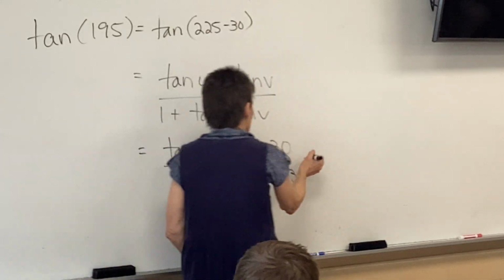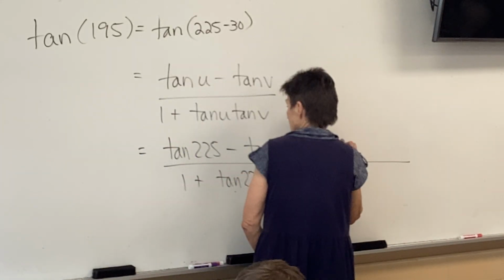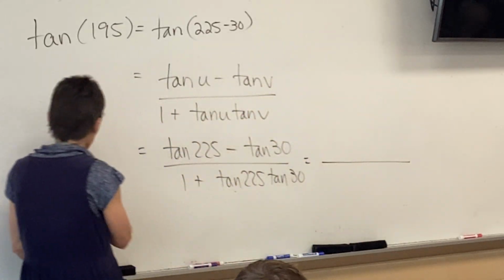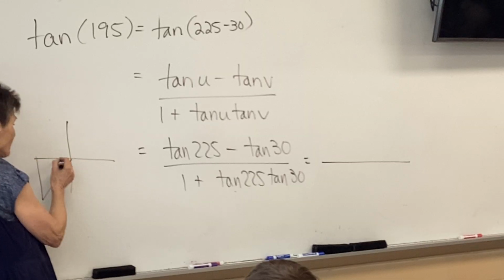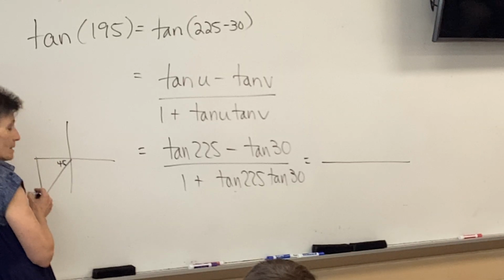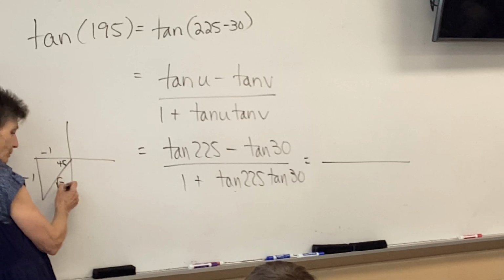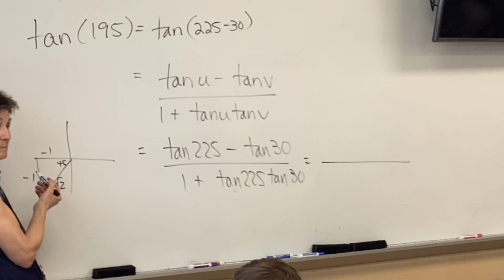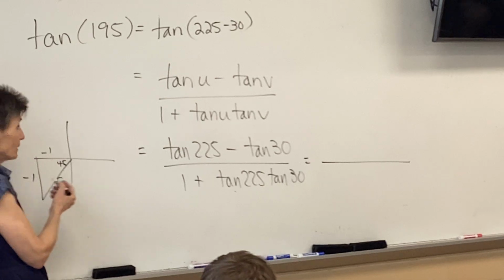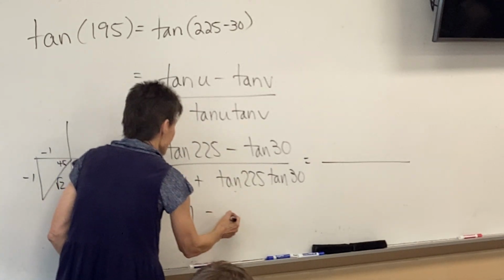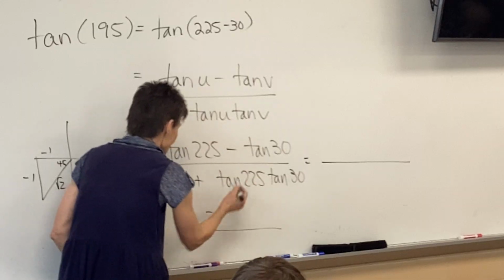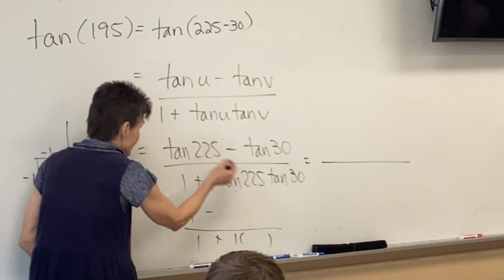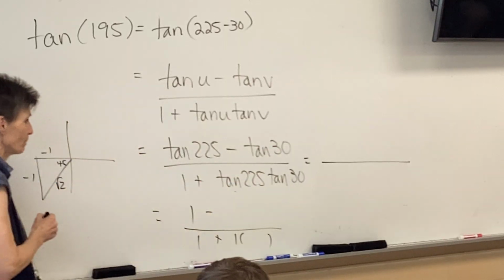Now, I need to figure out 225. 225 is one of my 45s, right? So the tangent will actually be what? Negative 1, root 2. Yep. So that's easy. So 1 minus tan 30, and now that's going to be down here too. This and this are the same, so I'm going to put 1 in for both of those.